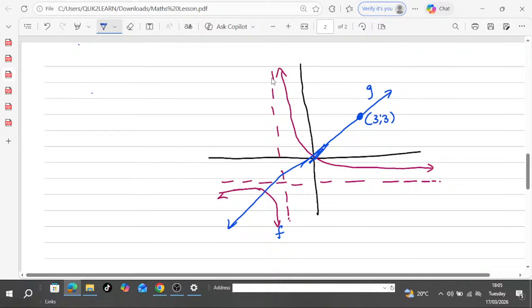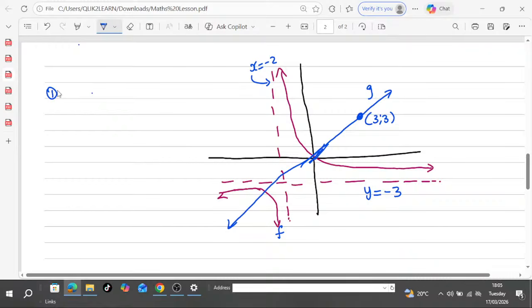So this one, the asymptote is x equals negative 2. And then this one, y is equal to negative 3. Let's answer the following questions. Number 1.